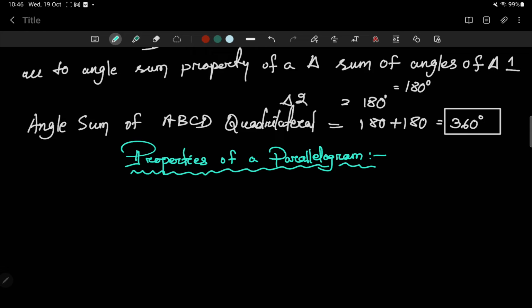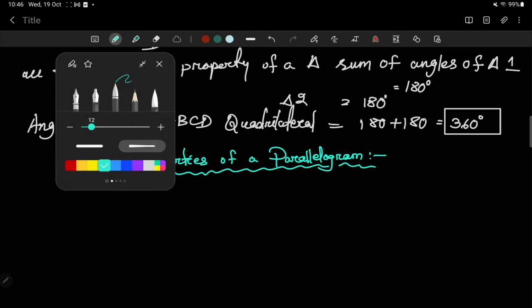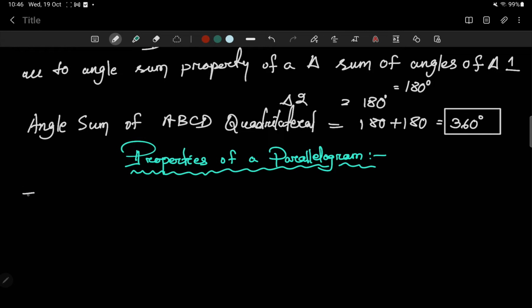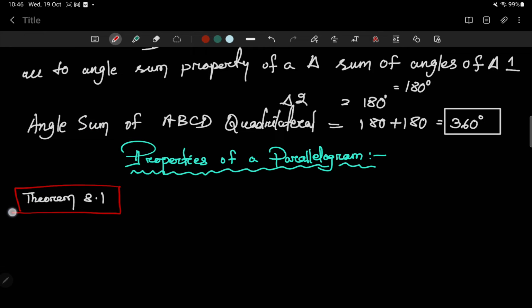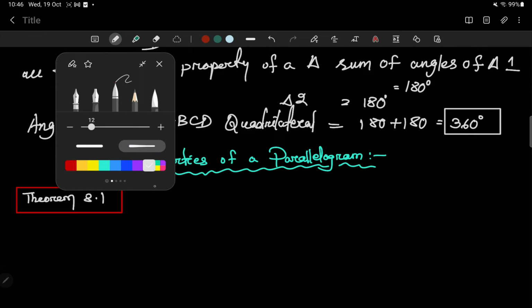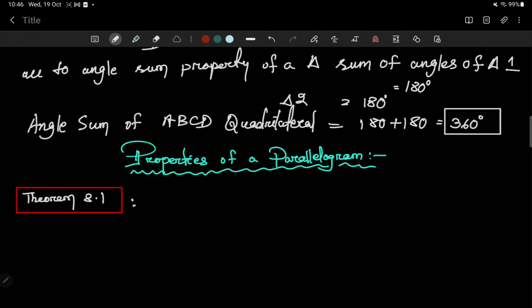So here comes our first theorem. According to your book, it is theorem 8.1. In this theorem it is written that a diagonal of a parallelogram divides it into two congruent triangles.